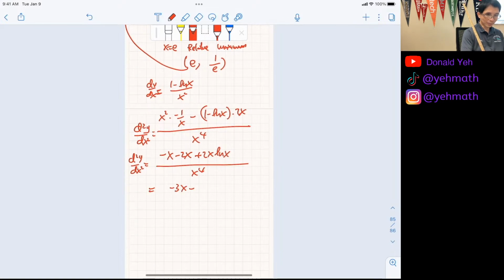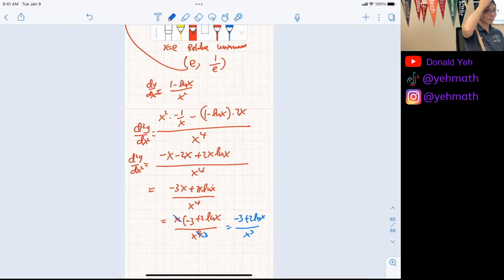Minus 3x plus 2x ln of x over x to the 4th. I can factor out x. So it'll be -3 plus 2 ln of x over x to the 3rd, and this will cancel out. So that's equal to -3 plus 2 ln of x over x cubed. Got it?